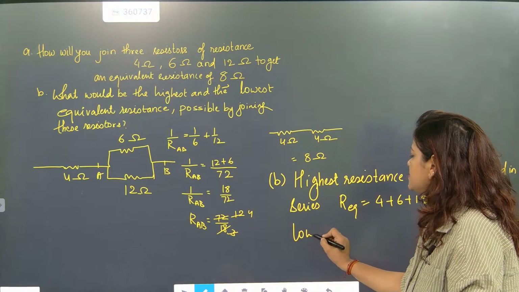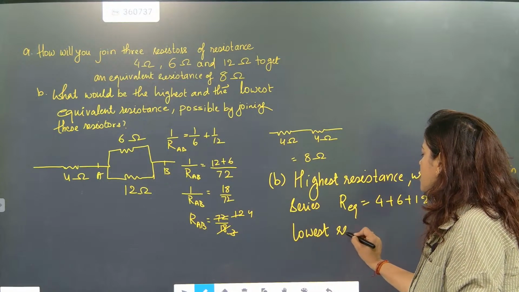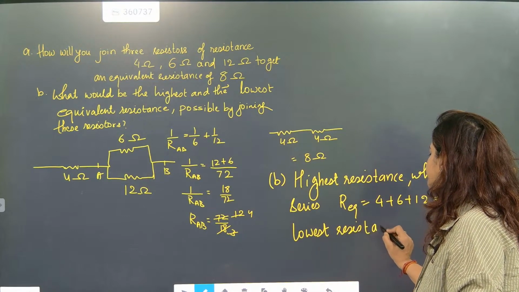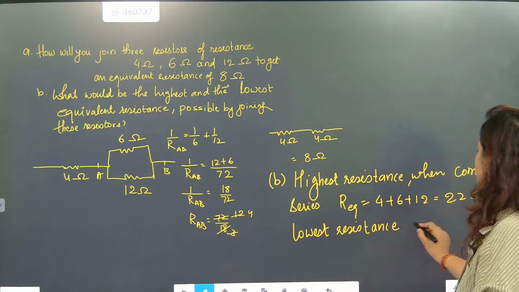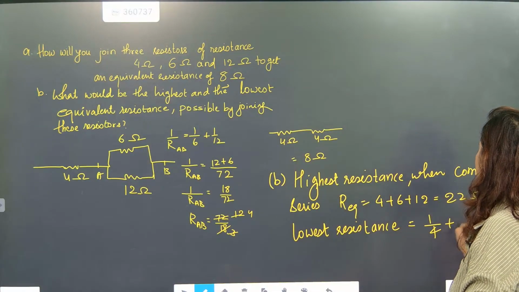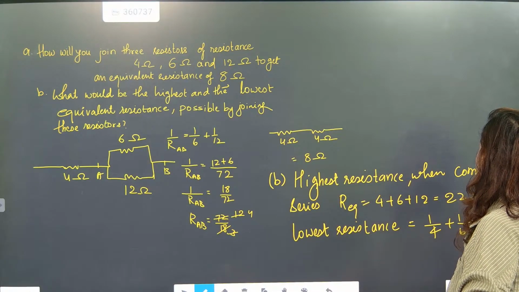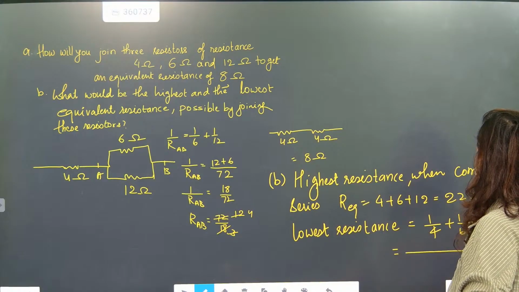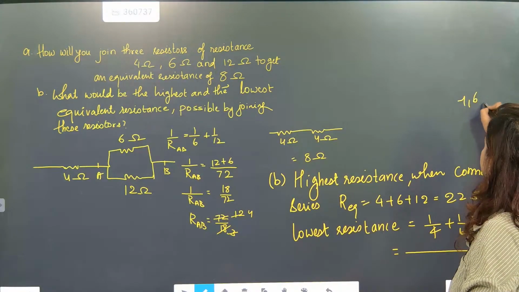Now the second part of it, lowest resistance. So lowest resistance, how are we going to get? Lowest resistance, 1 by 4, 1 by 6, 1 by 12. So 4, 6 and 12.